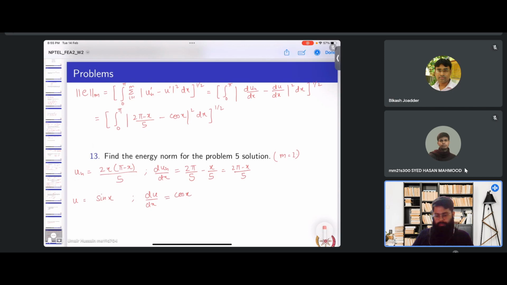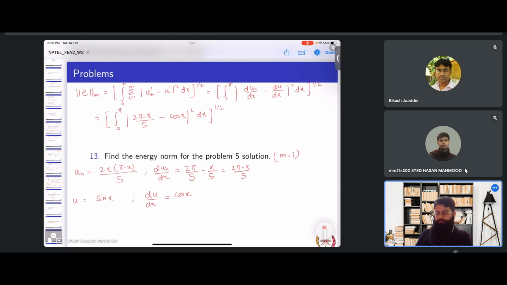So I'll get 2 pi minus x by 5 minus cos x whole square, and the integration limit is 0 to pi. So we have 0 to pi, 2 pi minus x by 5 minus cos x whole square.